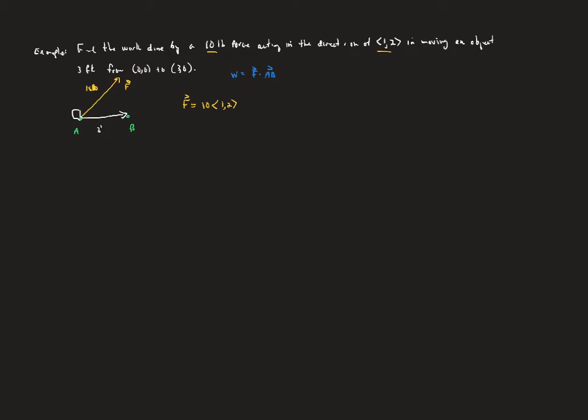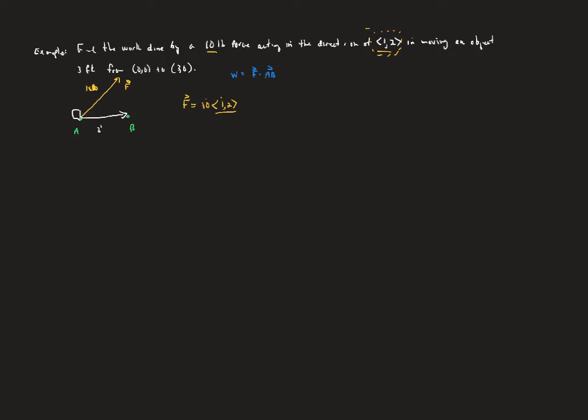If we just multiply 10 times the vector 1, 2, that's going to have a magnitude greater than 10. So we have to do what's called normalizing this. We need to make this vector into a unit vector.